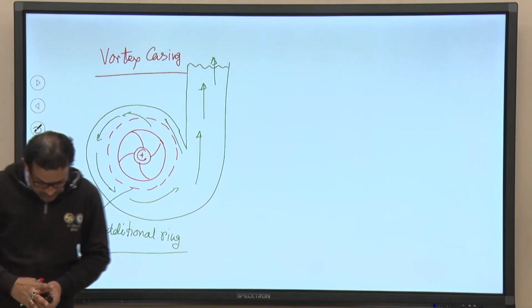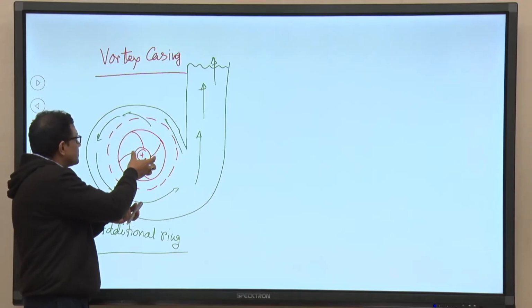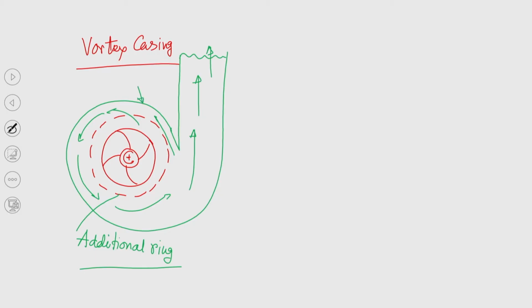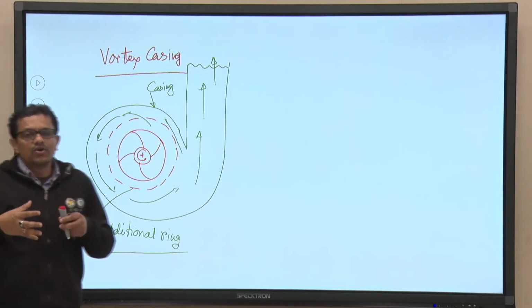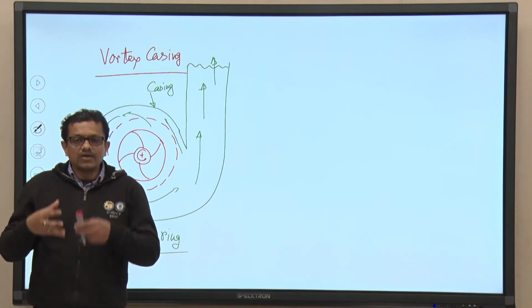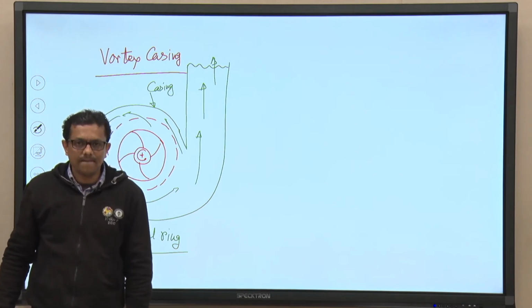If we look at it, a circular chamber is there in between the pump casing. So, this is the pump casing. This additional circular chamber, which is placed in between the pump casing and impeller, is used to minimize, to kill, to reduce the formation of eddies to the extent possible, right.